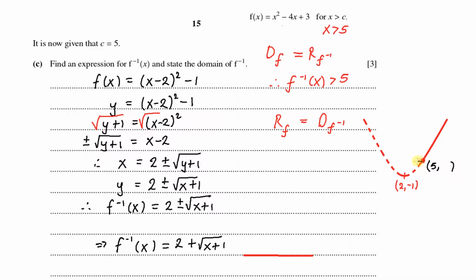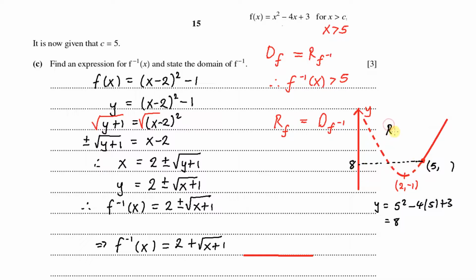And when x is equal to 5, what is the y value? To get the y value here, we only have to substitute 5 into the original equation. So when we have f of x is equal to x squared minus 4x plus 3, the y value is 5 squared minus 4 times 5 plus 3, that's 25 minus 20 plus 3, so we get 8, which means 8 is the minimum y value.